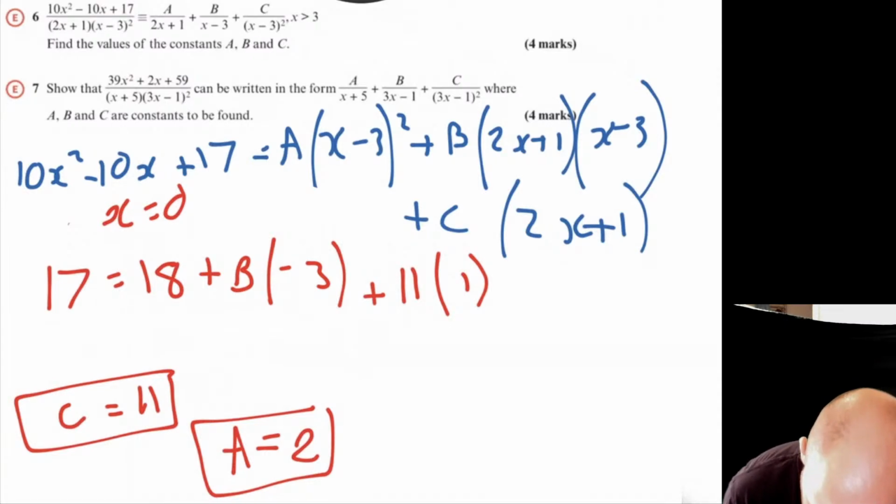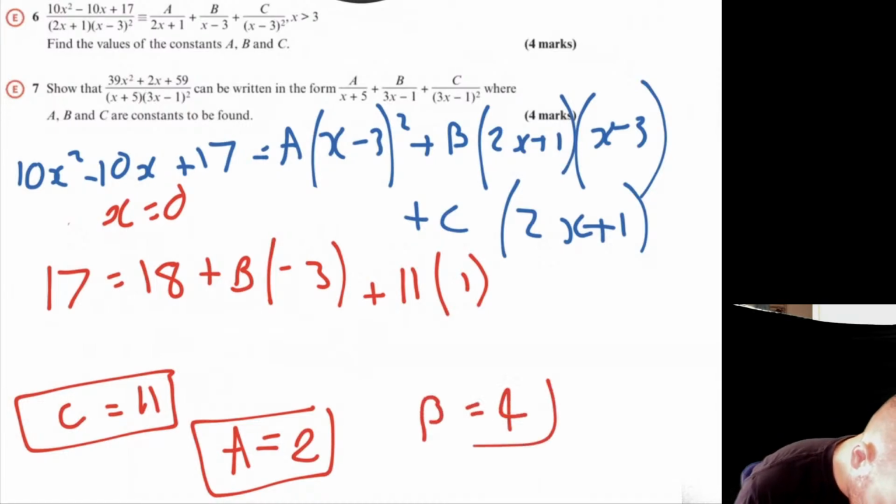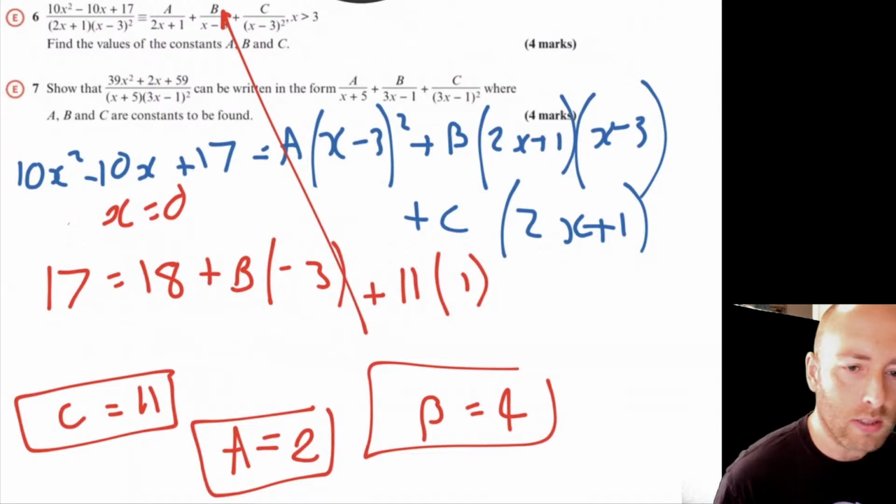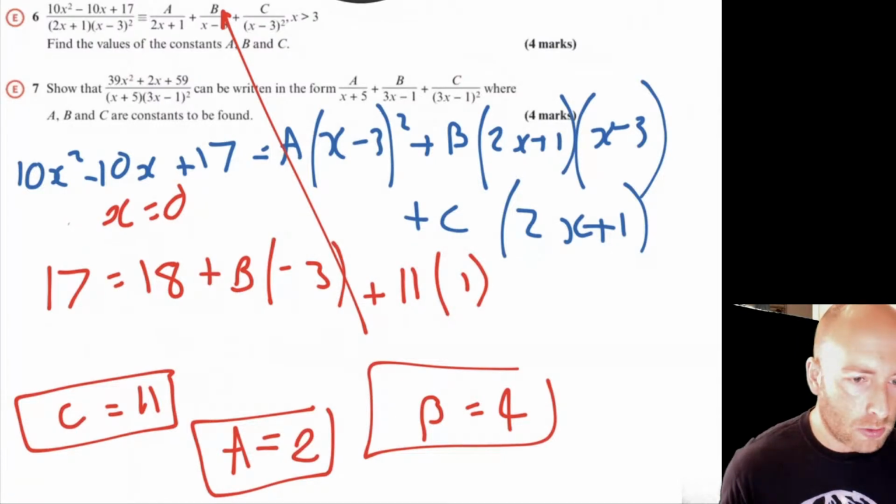Cool, so 17 take 18 take 11 divided by minus 3 gives us B, which is 4. So you can then write those up in there, but really it just wants you to find those, so that's absolutely fine. Alright, let's have a look at what you guys have done.